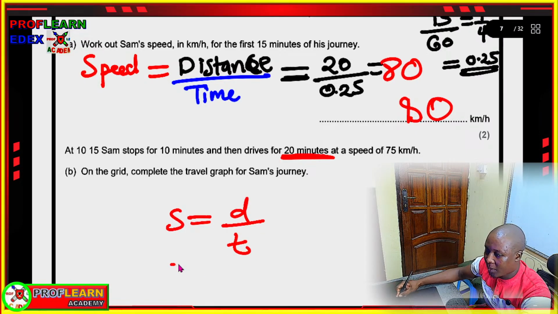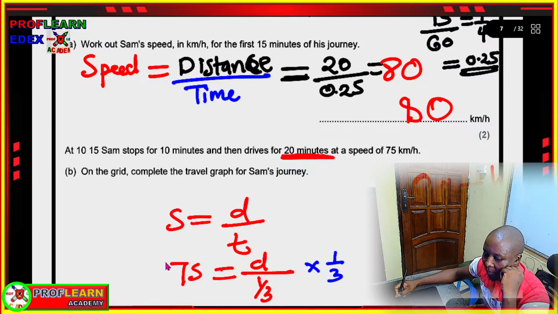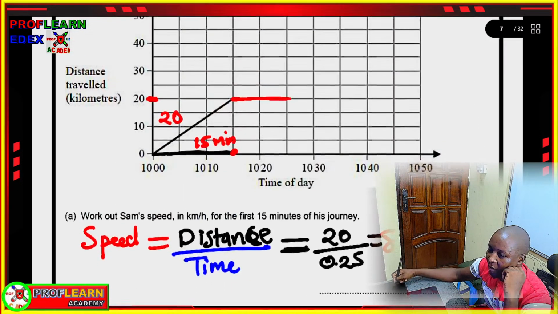If speed is 75, we don't know the distance traveled, but the time taken is 20 over 60, which cancels out to 1 over 3 hours. To find the distance, we multiply by 1 over 3 on both sides, so the 3 and 75 simplify and we have 25. So the distance is going to be 25 kilometers.